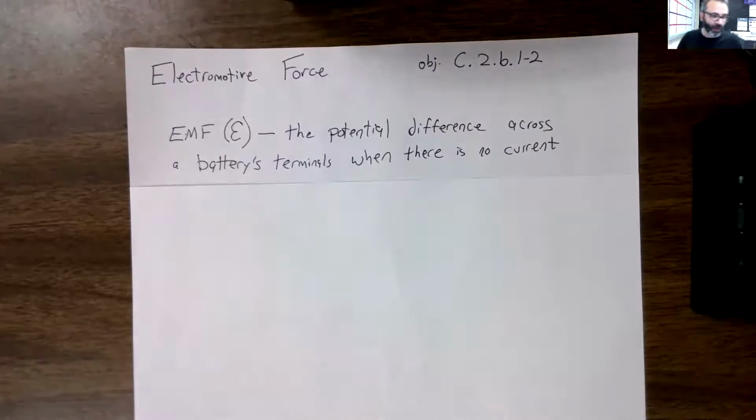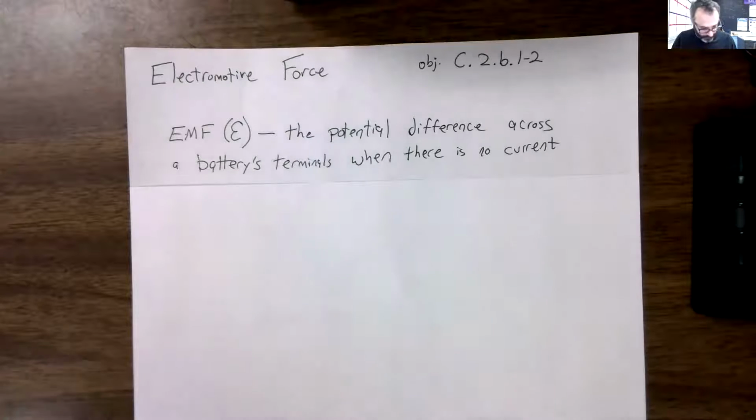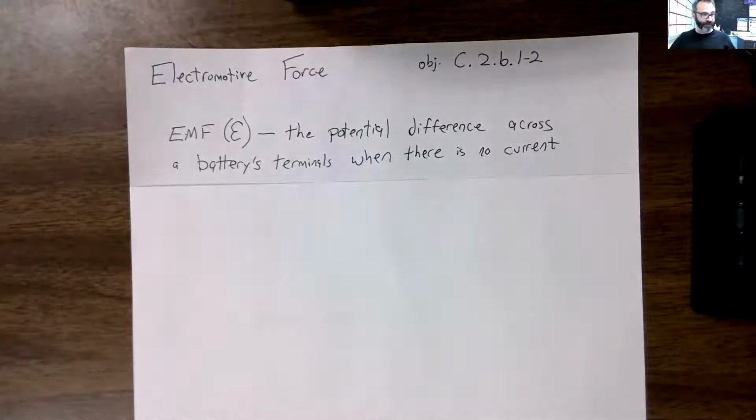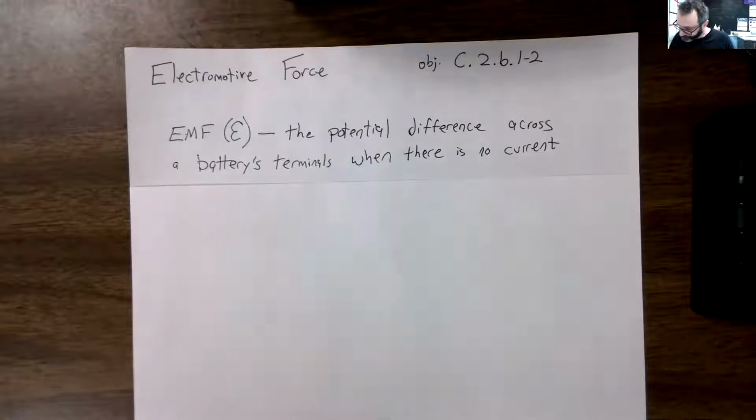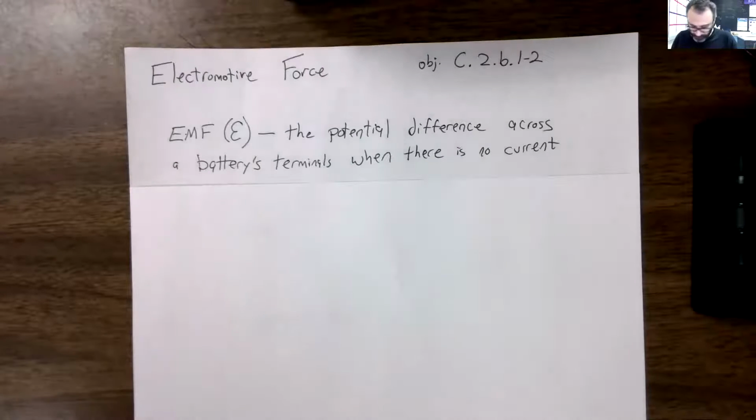So it's basically what you would get putting a voltmeter across a battery when it's not connected to a circuit that's running, and it's going to be different than the potential difference if you put a voltmeter across a battery when there is a current running, and we'll see why in a second.